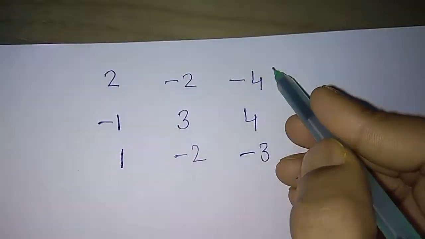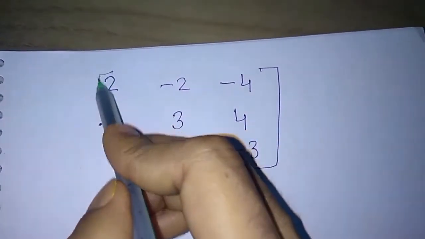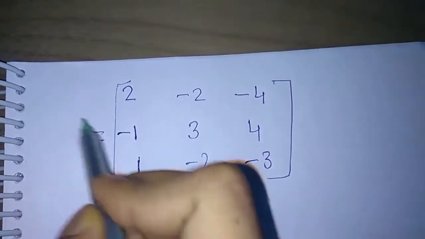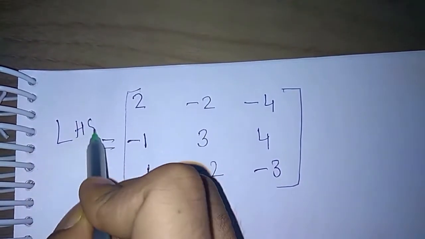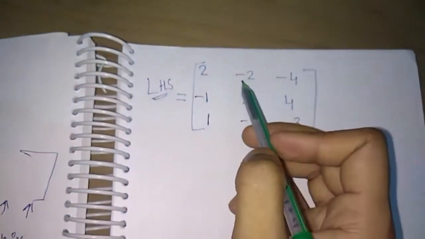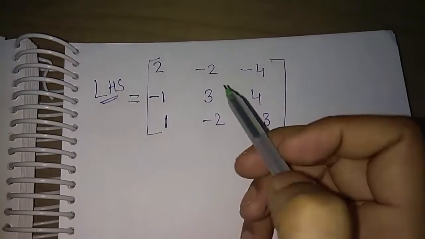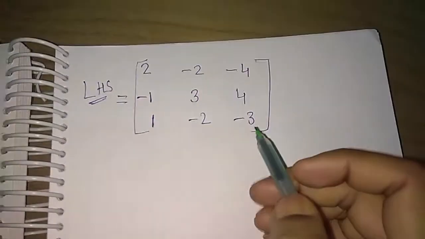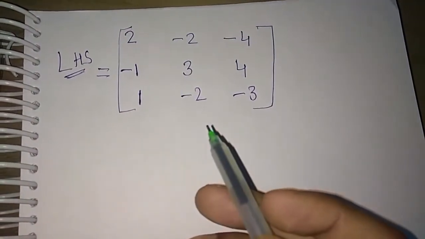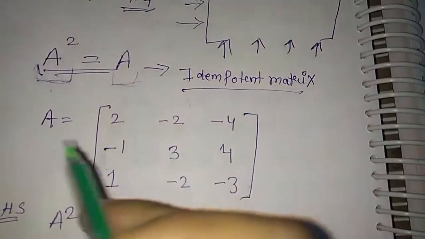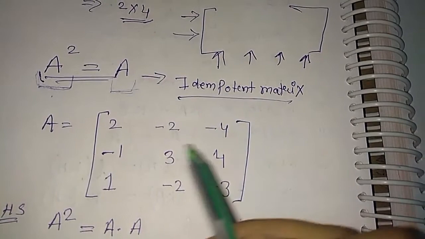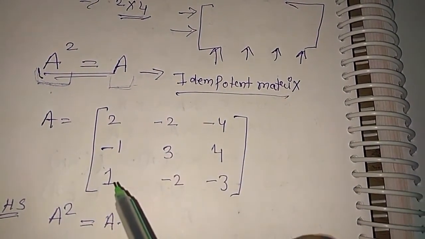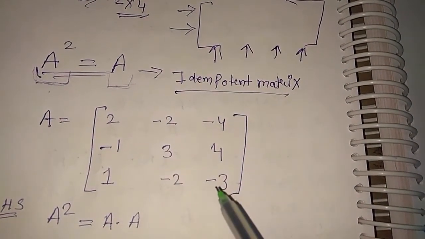Let's write it down in the matrix form. So this is our LHS: 2 minus 2 minus 4, minus 1 3 4, and 1 minus 2 minus 3. Let's see the RHS of our question. RHS has 2 minus 2 minus 4, minus 1 3 4, and 1 minus 2 minus 3.